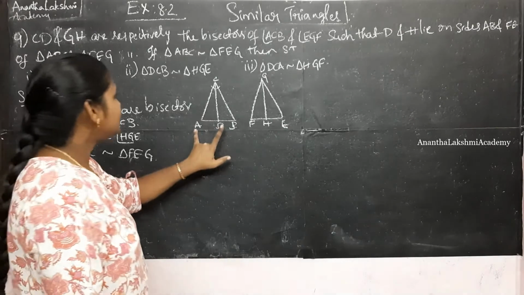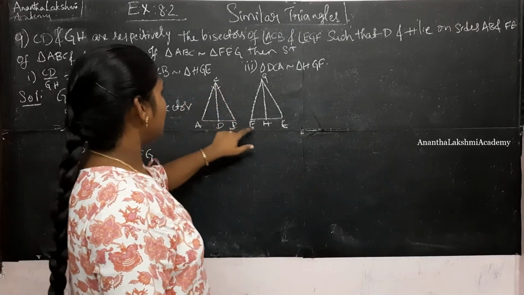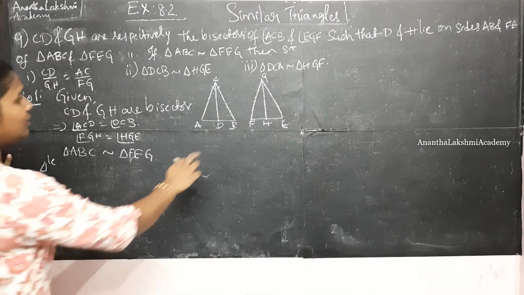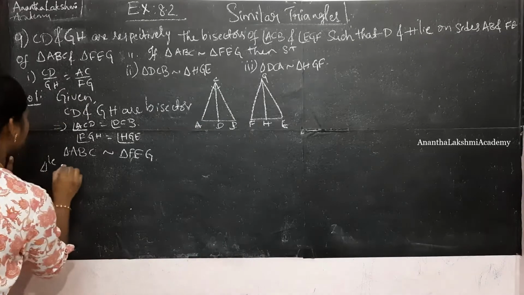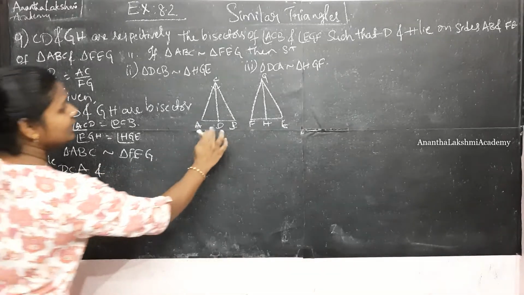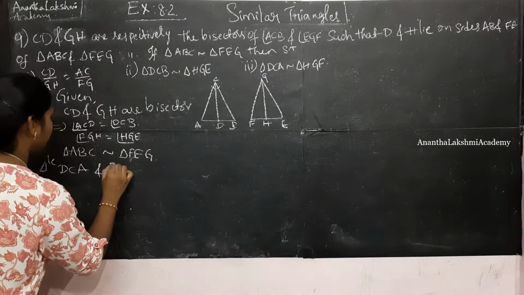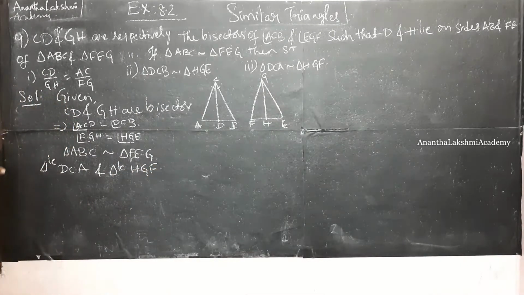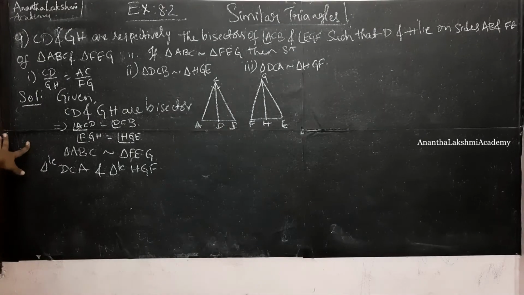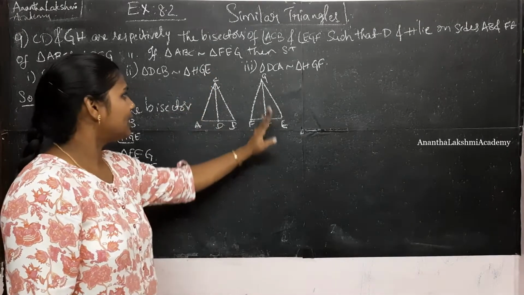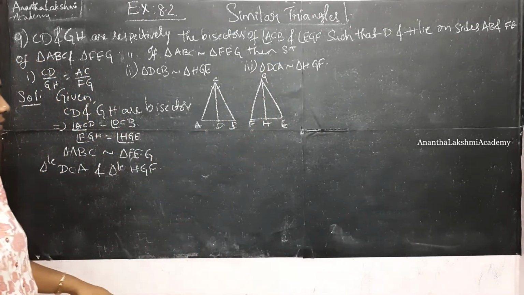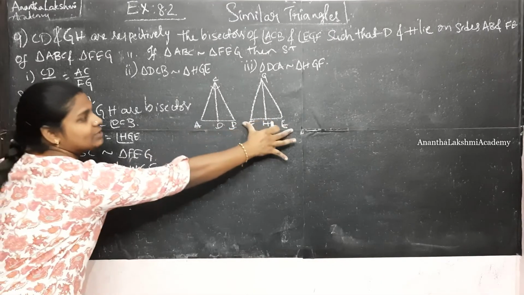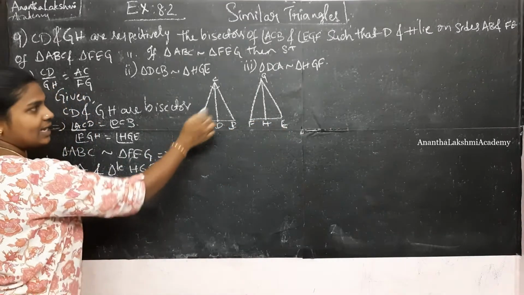Okay, now consider triangle DCA and triangle HGF. Here it is given that triangle ABC is similar to triangle FEG, which means their angles are also equal.